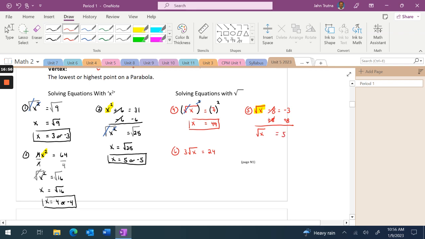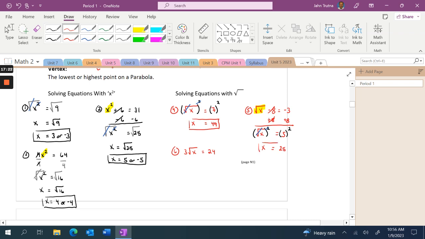It would be equal to positive 5. Now, at this point, to eliminate the square root symbol, I have to raise both sides of the equation to the second power. All right, and once again, the reason why I do that is because the square root symbol cancels out the second power. That would leave me with just x is equal to 5 to the second power, which is 25.